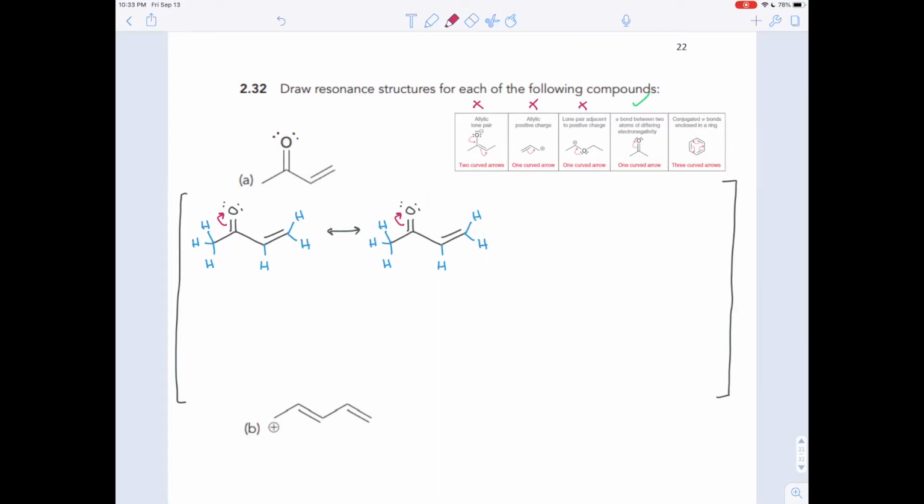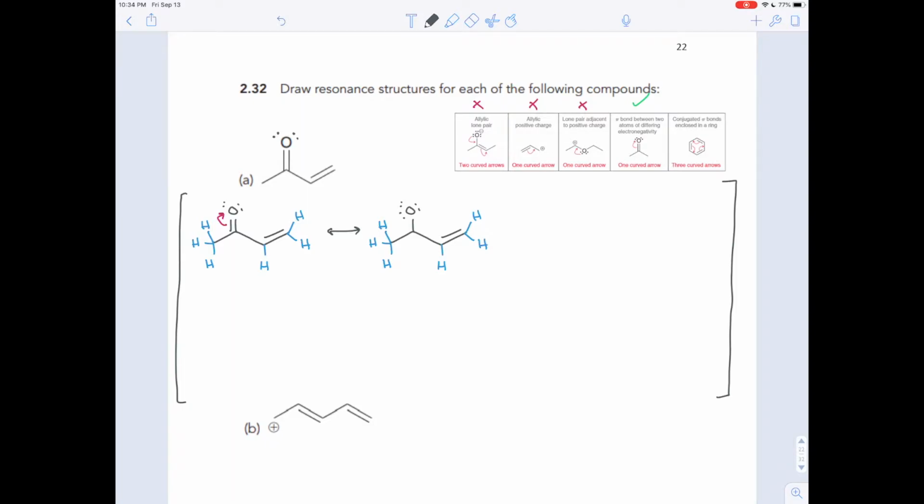And anywhere where you have the tail of a curved arrow, that's a place where electrons are moving away from, so erase those electrons. Anywhere where you have the head of a curved arrow, that's a place where electrons are arriving, so you draw electrons in. If the head of a curved arrow is pointing at an atom, like it is here, then you draw the electrons as a lone pair. So we'll draw a lone pair there.